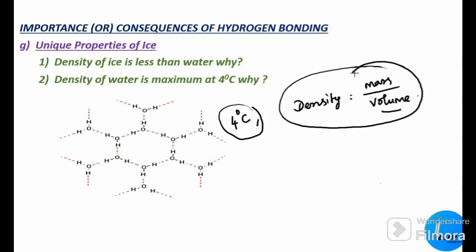So that's the reason why the density of water is maximum at 4 degrees centigrade. So on heating the ice, the cage-like structure collapses, and this continues up to 4 degrees centigrade.